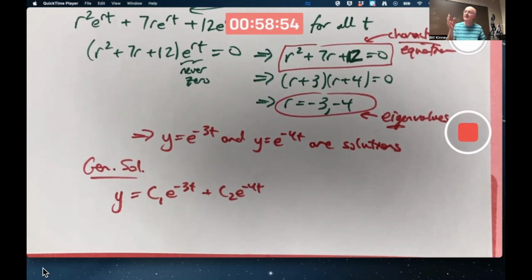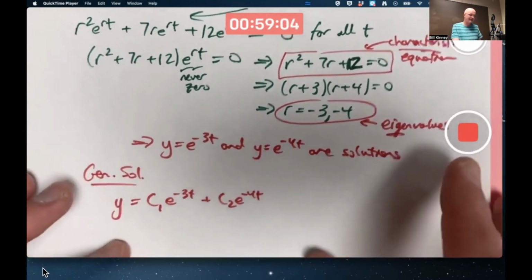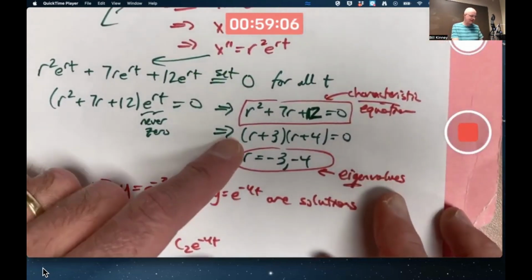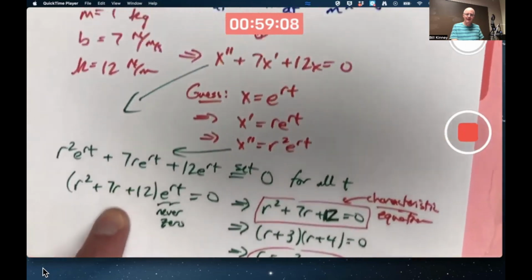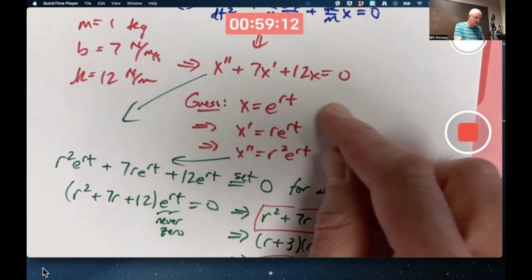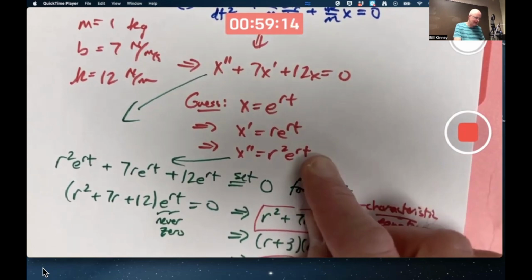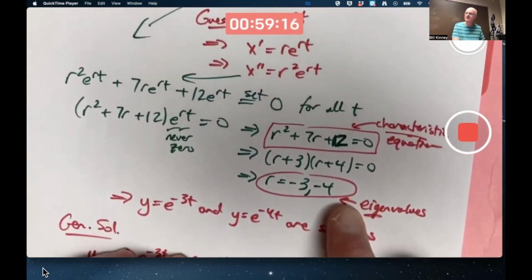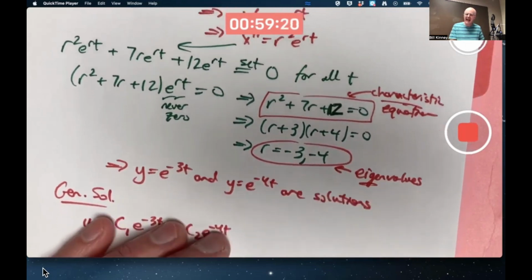And to derive what such functions are, the best way to do it is with complex numbers. There are some differential equations where the coefficient of damping is fairly small, and when you do this guessing and solve for r, the eigenvalues, you get complex number eigenvalues.